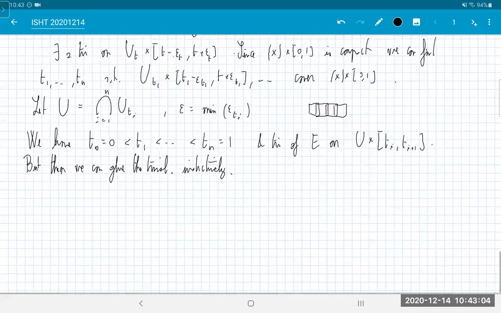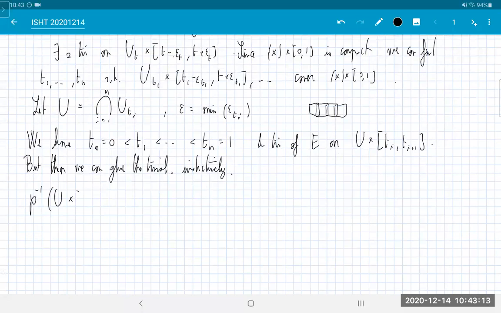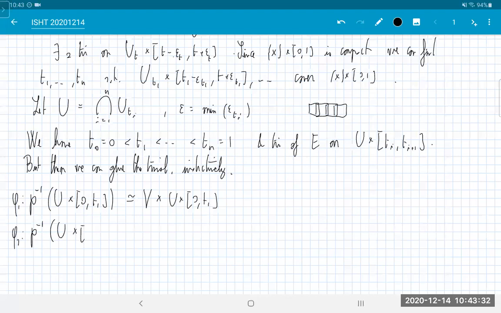So let me be explicit about how you do it. Let me do the first step. We have a trivialization: the inverse image of U times [0, T1] is isomorphic to some V times U times [0, T1]. Let me call this phi 1, and this is phi 2, over [T1, T2], to V times U times [T1, T2].